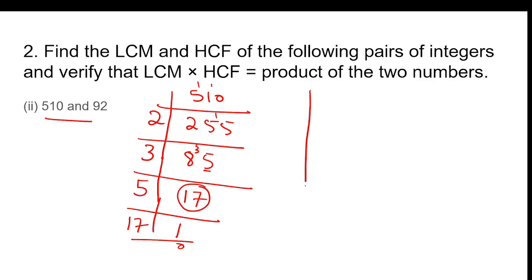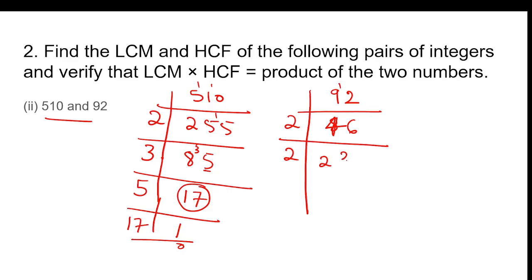Similarly, let me find out the prime factors for the number 92. Okay. Yes. Can I divide this by 2? Yes. 2 is a prime number and 92 is an even number. 2 fours are 8, 2 twos are 4, 2 sixes are 12. Next. 2 twos are 4, 2 threes are 6.